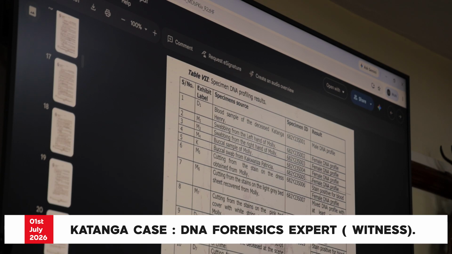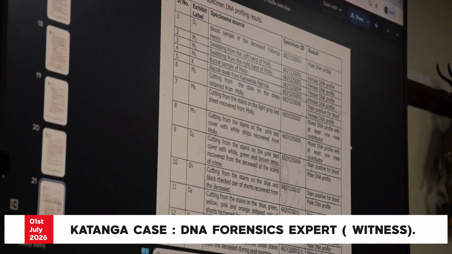In this particular case, from the DNA report, a blood sample from Henry Katanga was used as his reference DNA profile, which is not unusual from a deceased individual. The reference DNA profile of Molly Katanga, sample 4, was obtained from a buccal swab, buccal being the cells from the cheek, and equally from Patricia, the buccal swab was taken.